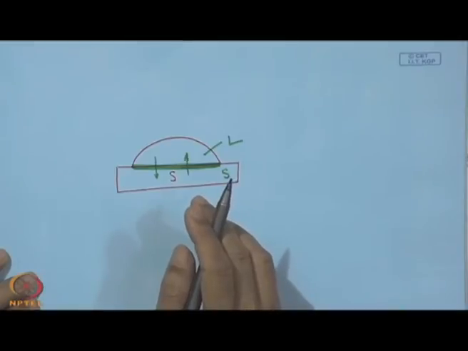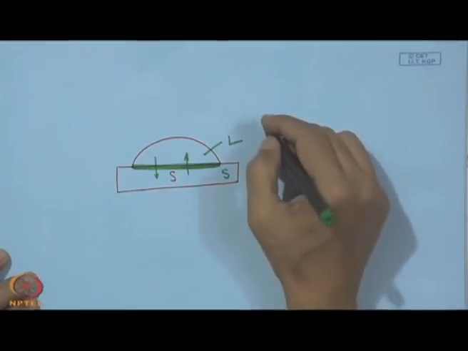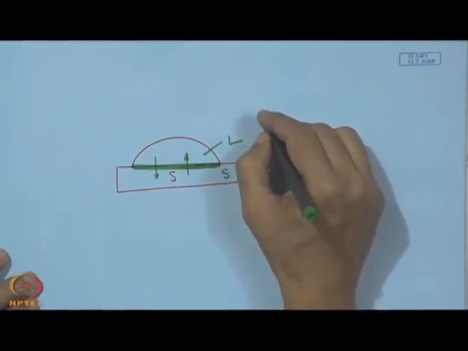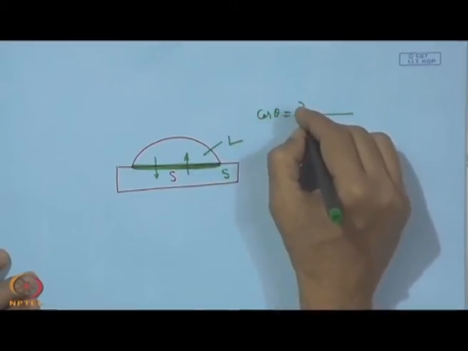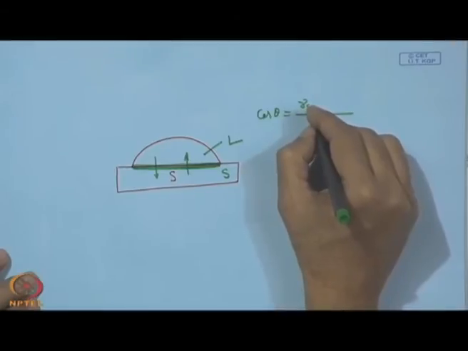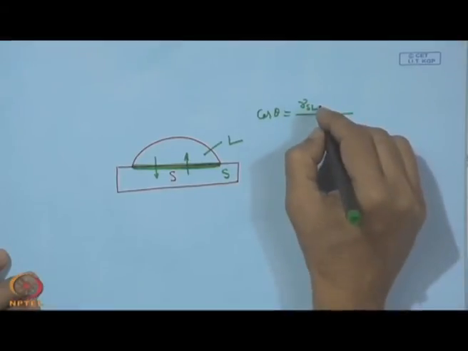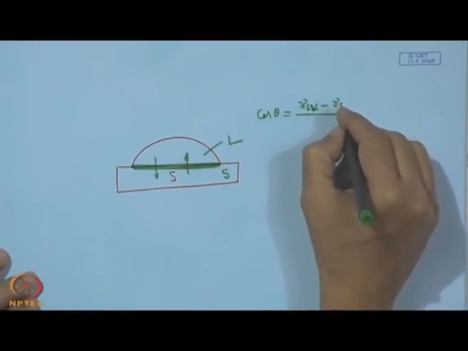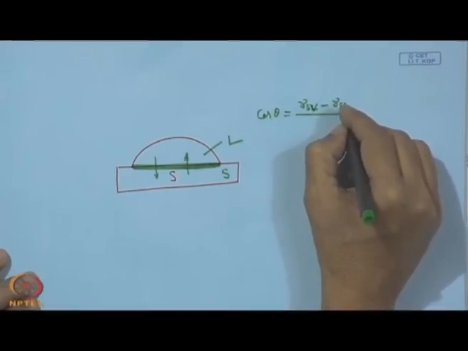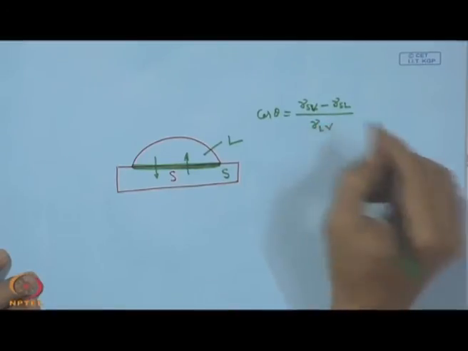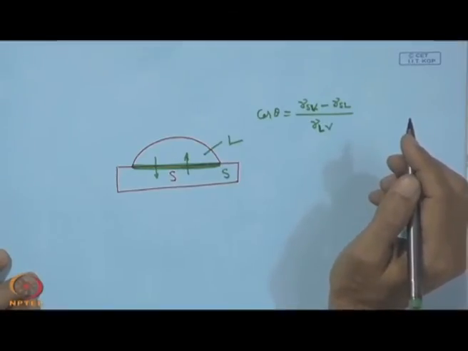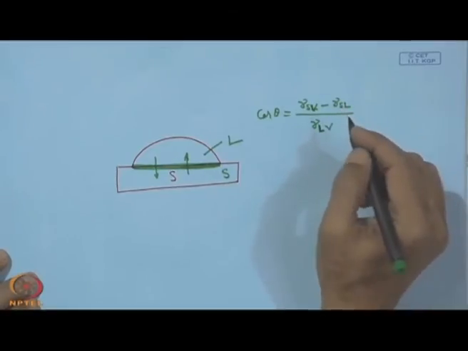The interesting thing here is that this governing equation, showing gamma SV, gamma SL and gamma LV, just cannot be directly used in this case.